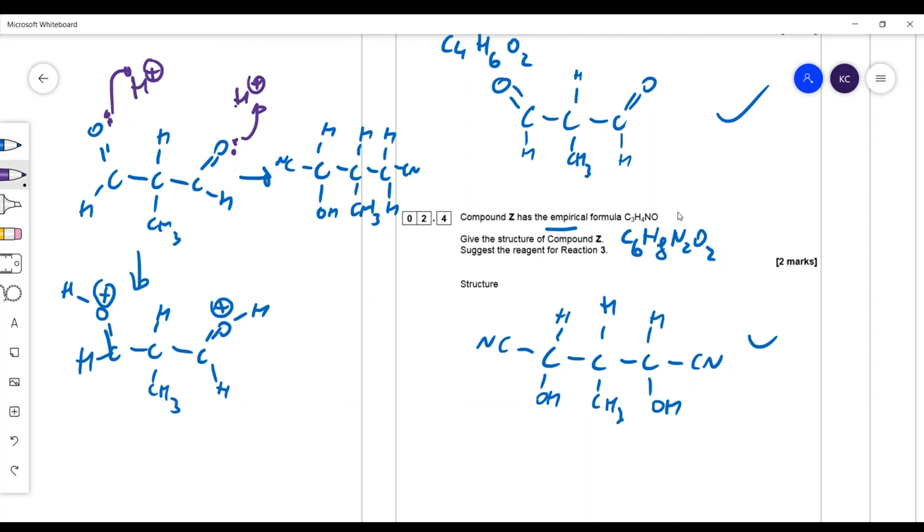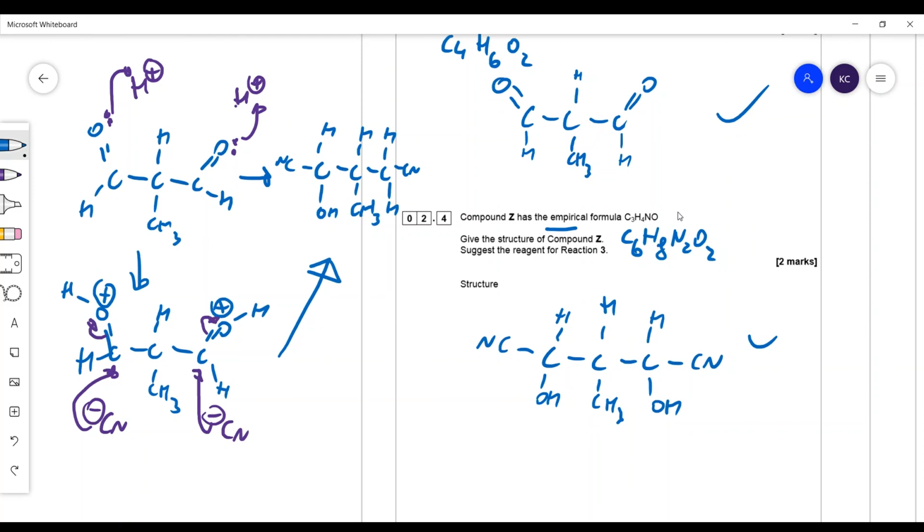We can attack them with CN minus. And both of these will donate a lone pair to the carbon here, and the electrons from the C=O bonds will go to the oxygen, making the oxygen neutral again and not positive, and we generate this compound here.